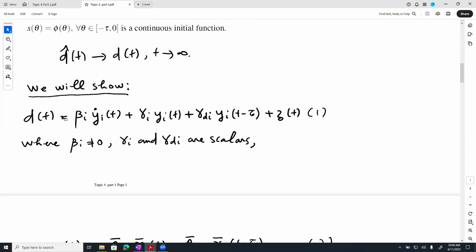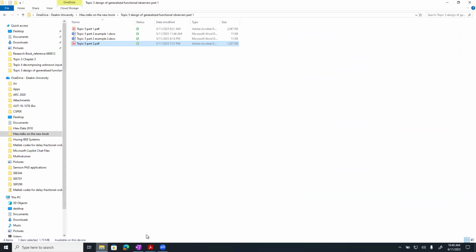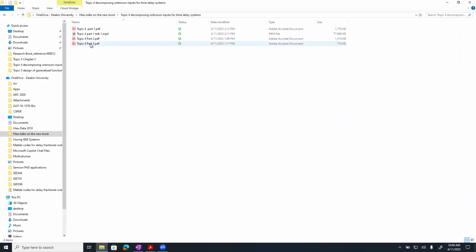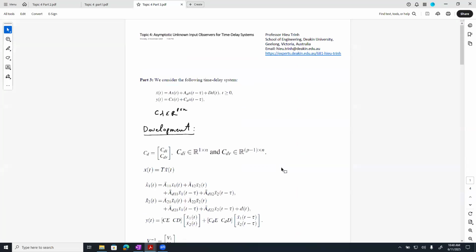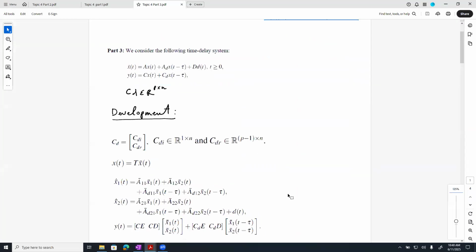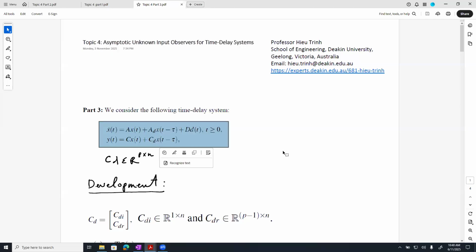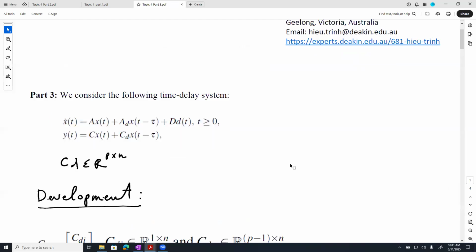We show that we can realize the decomposition in this way. Now, in the next topic, which is topic 4, part 3, we are going to further demonstrate that we can do the decomposition using our matrix decomposition technique for a class of time delay system where we have delay terms occurring in the output measurement.